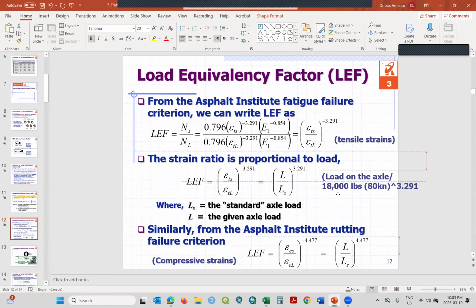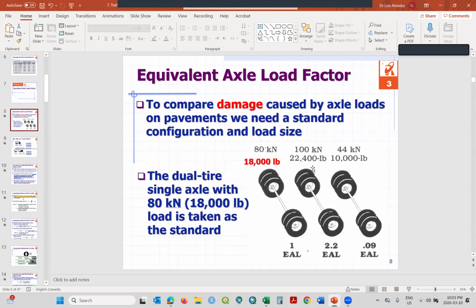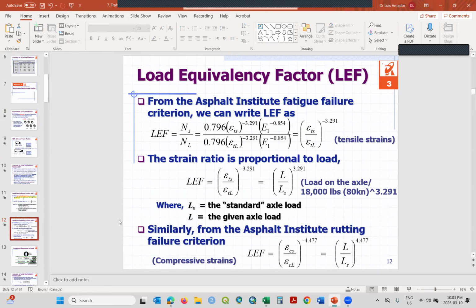Okay, so earlier in the class, when I showed you these values, 2.2, 0.9, they are coming from this equation over here. And the equation was estimated by considering the amount of tensile stresses and strains and the elastic modulus.